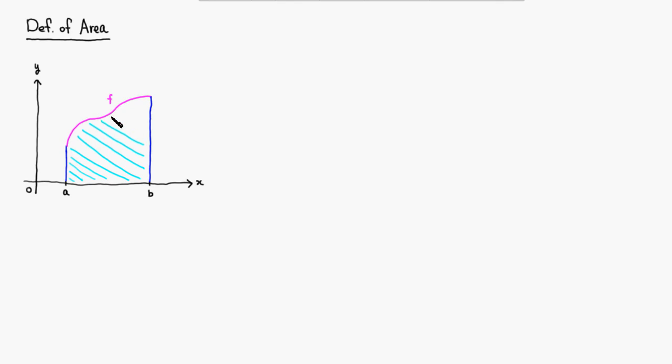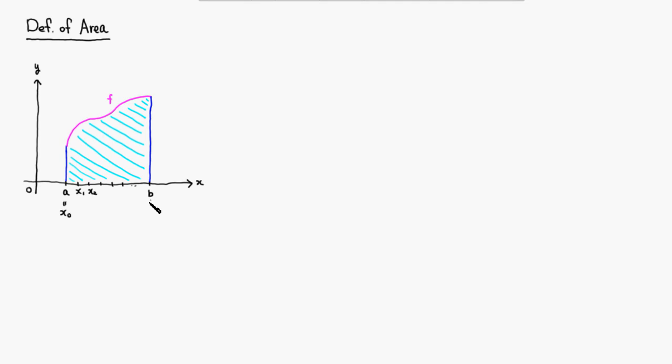What we're going to do is split the interval from A to B into n equal subintervals. So I'm going to put a bunch of tick marks. The first number, A, is exactly the same as x0. The next one is x1, x2, and so on.